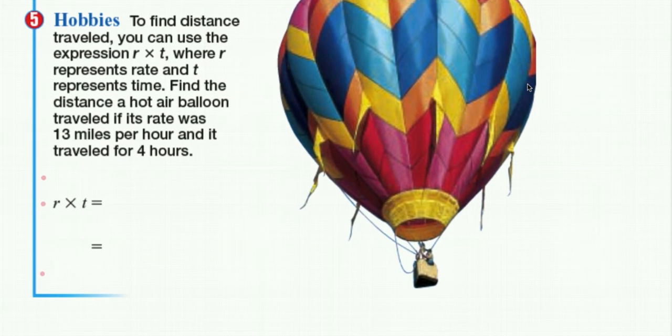To find distance traveled, you can use the expression r times t, where r represents rate and t represents time. Find the distance a hot air balloon traveled if its rate was 13 miles per hour and it traveled for 4 hours. Basically, you're following the formula distance equals rate times time.